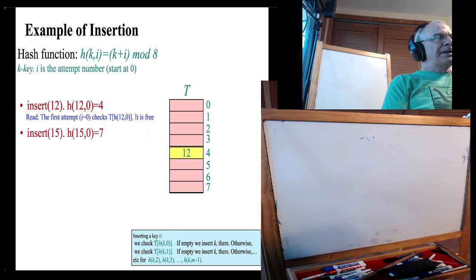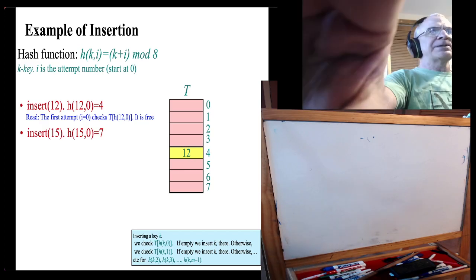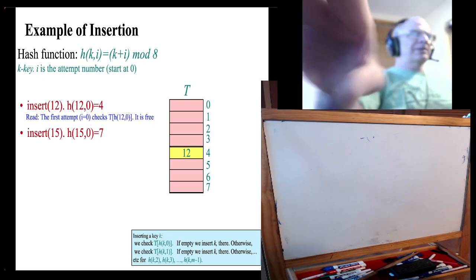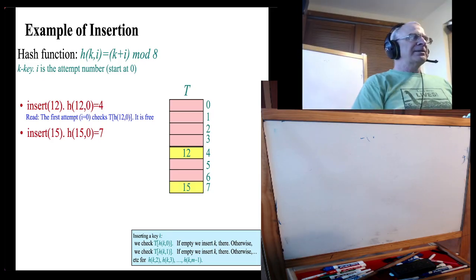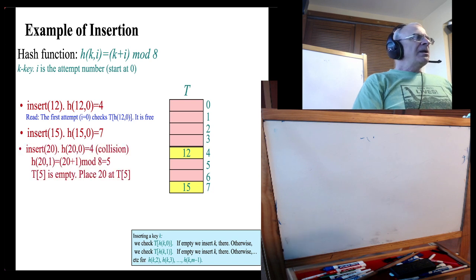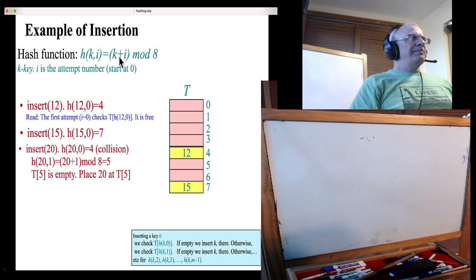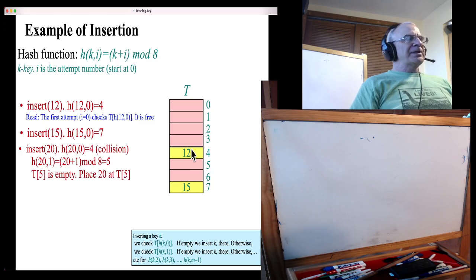Next, I am inserting 15. Again, first attempt, attempt 0, and that's where I'll insert 15, to cell 7. I want next to insert a 20. 20 plus 0 modulo 8 is 4, going to cell number 4.